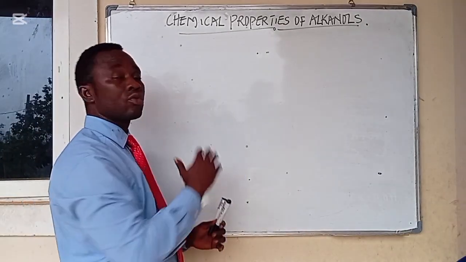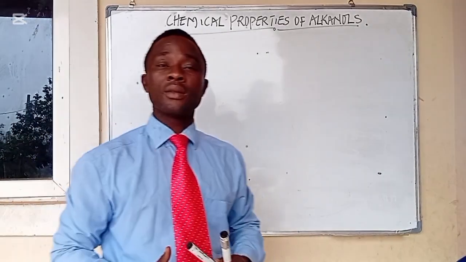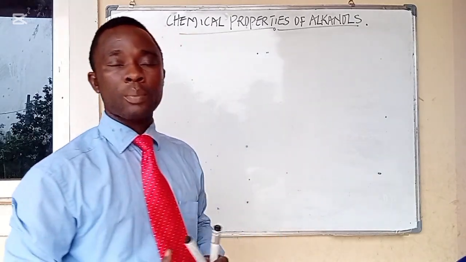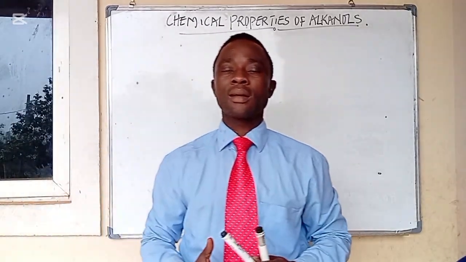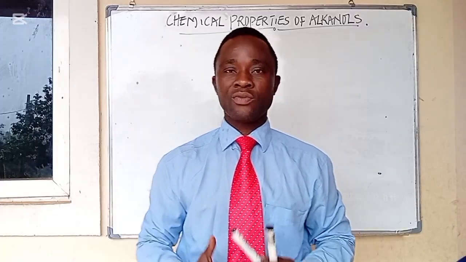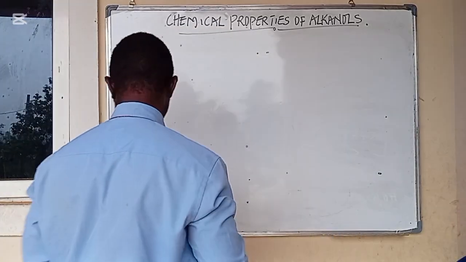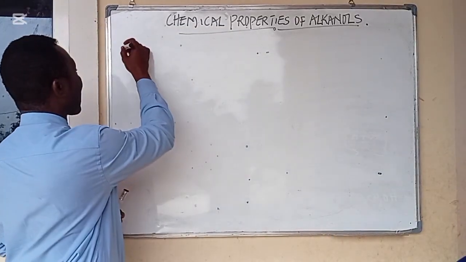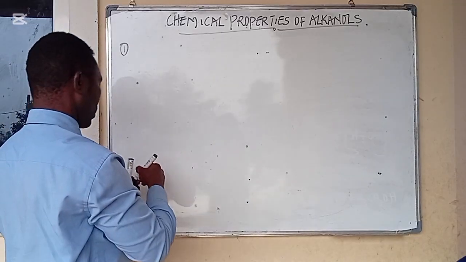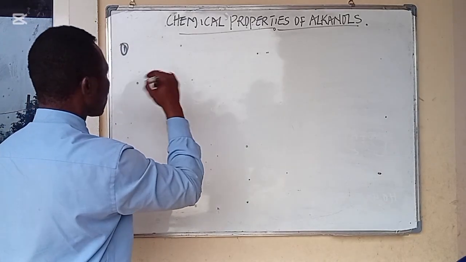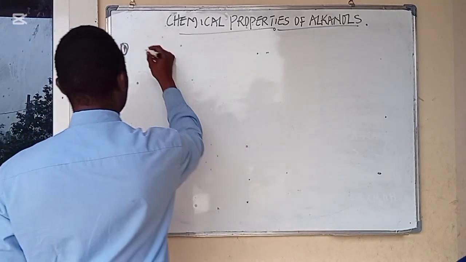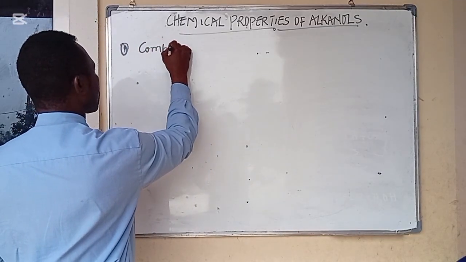Now, in our class today, I'll be taking us through the chemical properties of alkanols. What are the chemical reactivities of alkanols? Very important. Number one chemical property of alkanols is combustion.